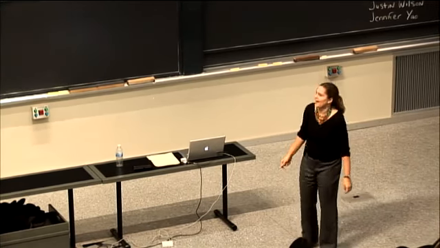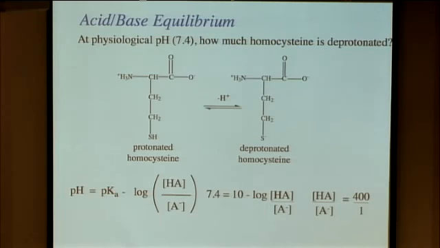Now let's look at the math. If you're given a pKa and a pH and asked about a ratio of protonated to deprotonated, it's OK to pull out your favorite Henderson-Hasselbalch equation, which can predict the ratio. Again, it's an approximation, but it predicts the ratio of protonated to deprotonated, HA of course being an abbreviation for protonated, A- for deprotonated.